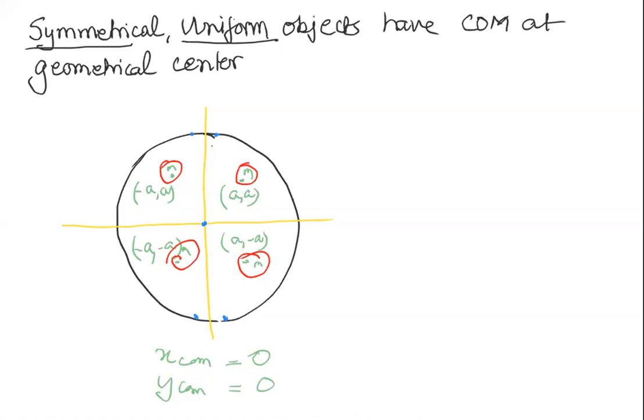So this means that a circle can be replaced by, so this is the original circle which has faded away, and it can be replaced by a point particle located at the center.